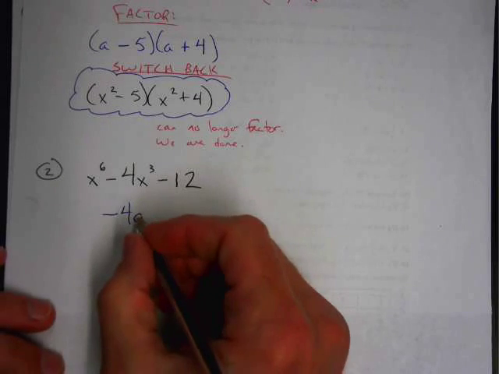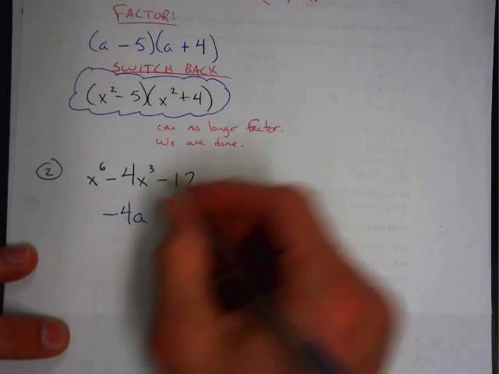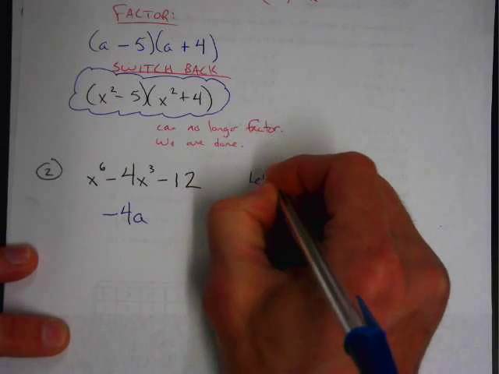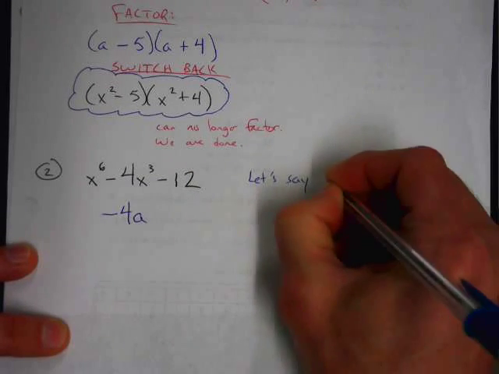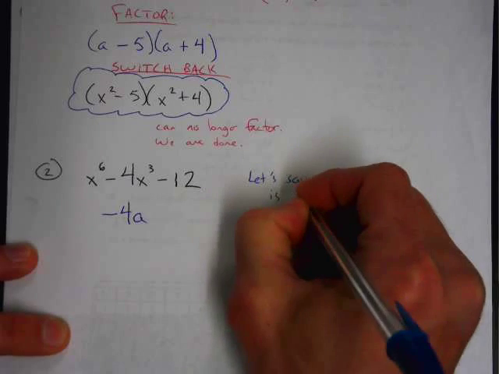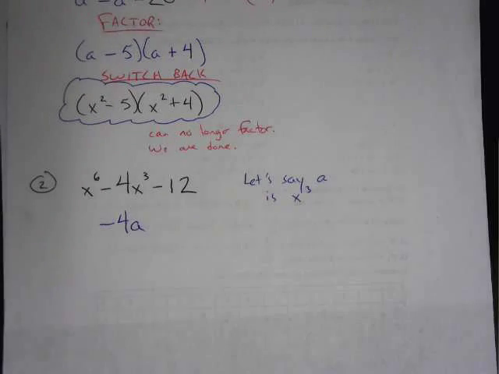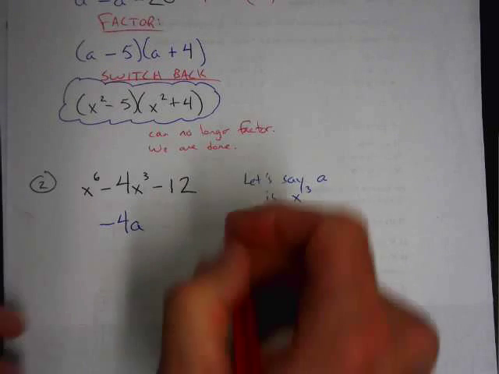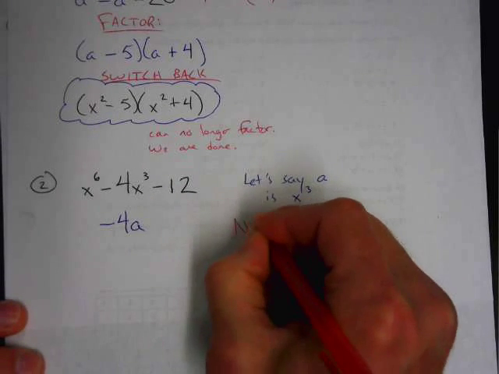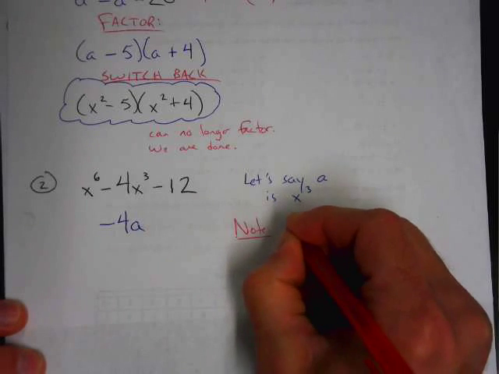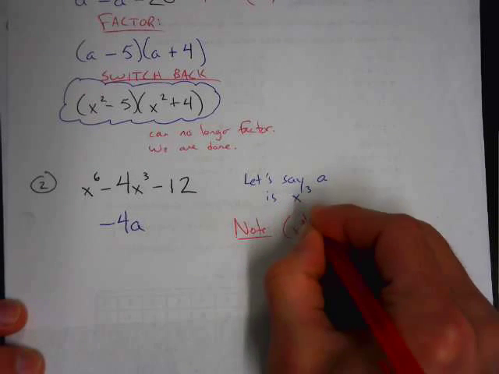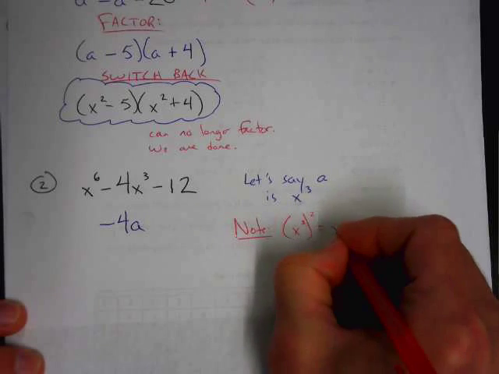Well, we can say that, let's say a is x to the 3rd power. So if we say a is x to the 3rd power, what will that mean for x to the 6th? Well, another note. Laws of exponents. Did you remember that x to the 3rd power squared is x to the 6th?